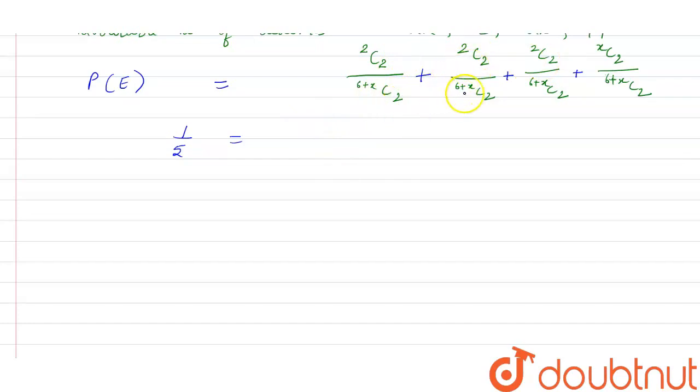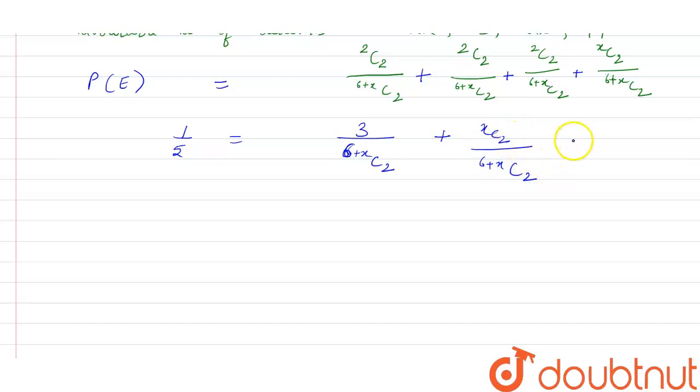Similarly, 1 upon 6 plus X C2, 1 upon 6 plus X C2. So this will be equal to 3 upon 6 plus X C2, and for this, plus XC2 upon 6 plus X C2.